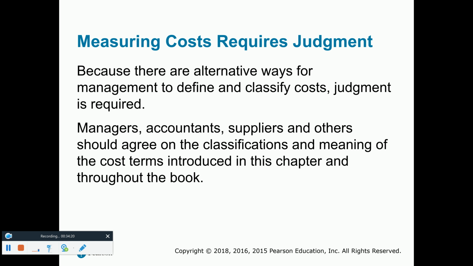Of course, when we are accumulating costs, but not only accumulating costs, but really assigning costs, it requires a lot of judgment. You're going to see that there are a lot of alternative ways for assigning costs. Judgment is certainly required. This is not something that is black and white in every single situation. You're going to see that a lot when we get to the ABC, the activity-based costing chapter.